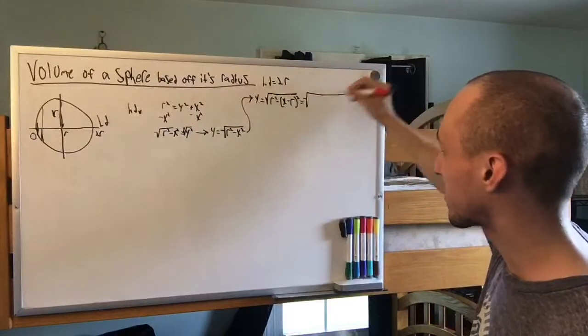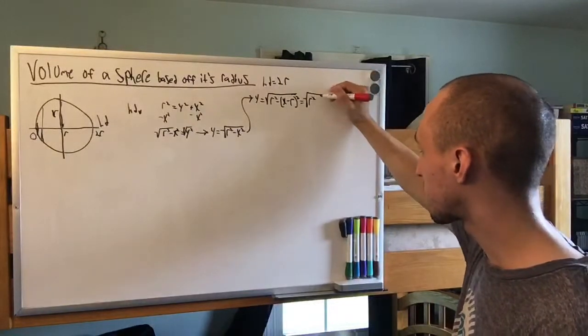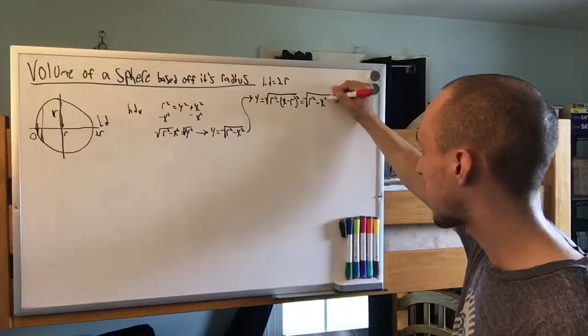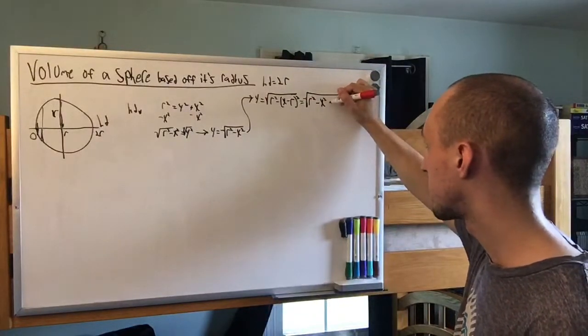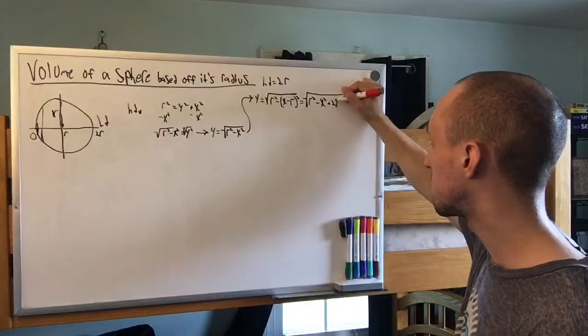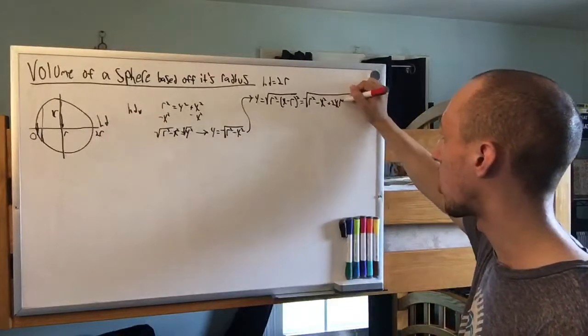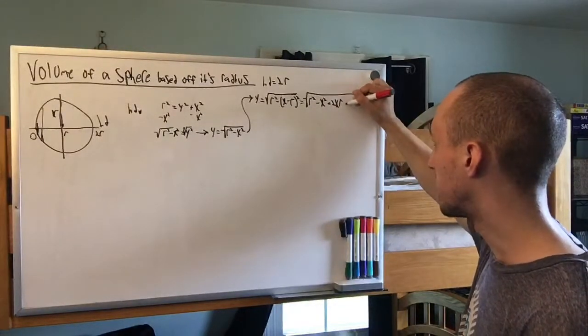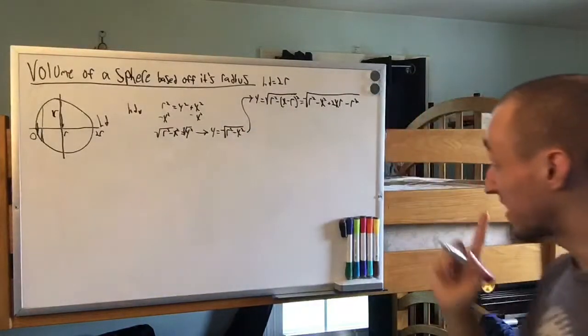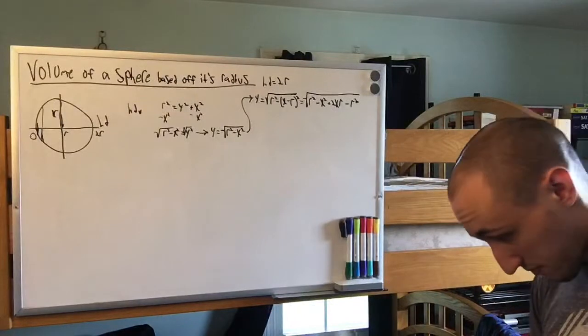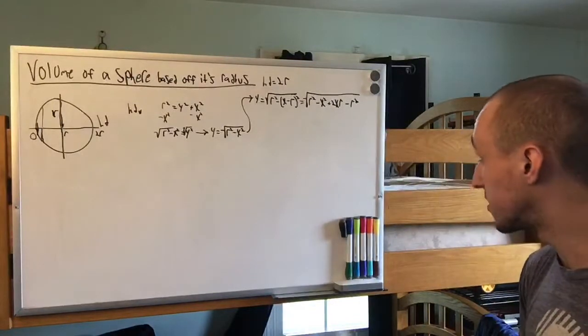Let's just quickly see this. We're going to have r squared minus, I'm factoring in the negative, by the way, so that's going to be plus 2xr minus r squared. Okay. Now, see, this is actually a valuable lesson here.